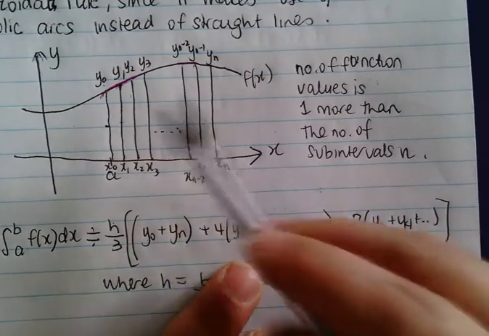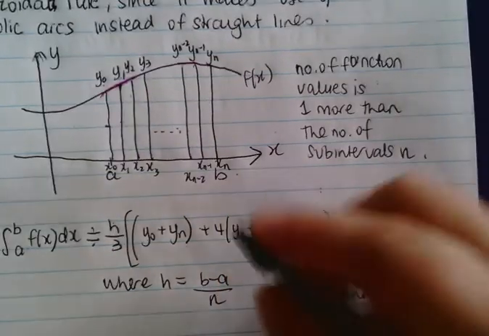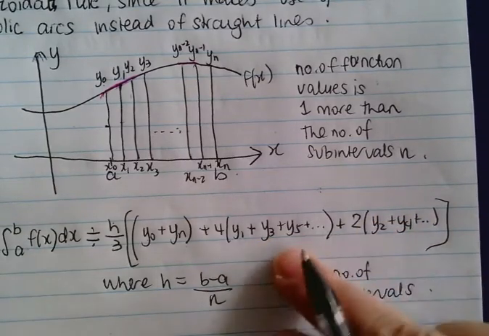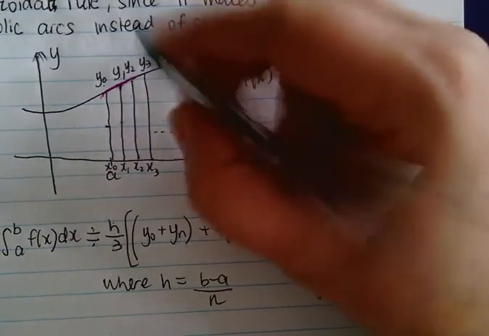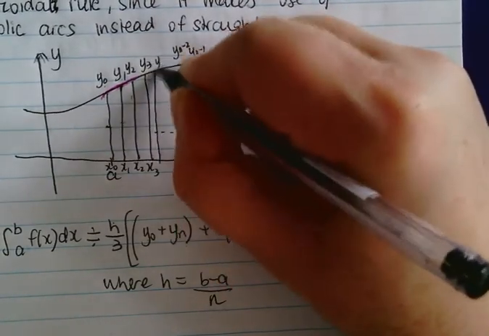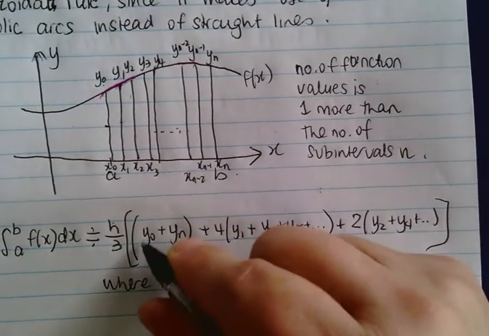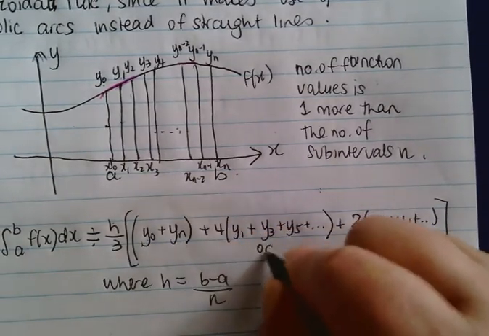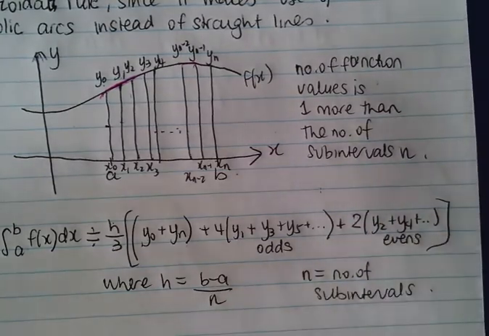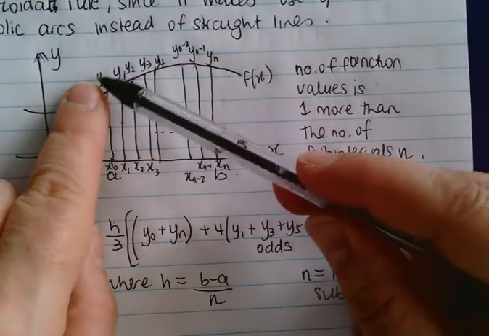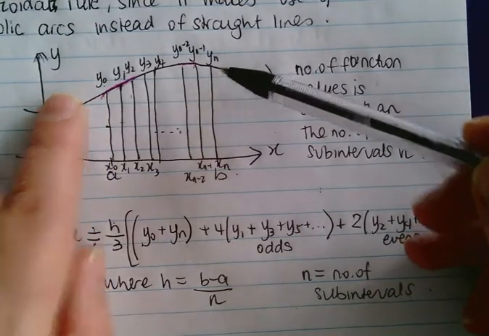And then it's 4 times y1, y3, y5, etc., so we call it 4 times the odds, and 2 times y2, y4, etc. So it's the first and the last plus 4 times the odds plus 2 times the evens. But the first value is called y0, not y1, and the last one is called y sub n.